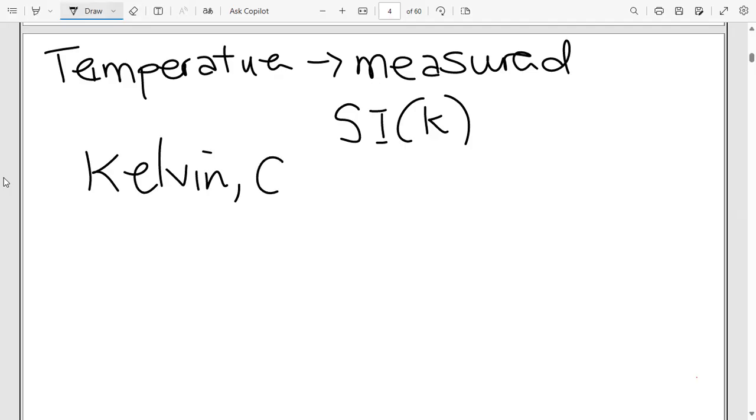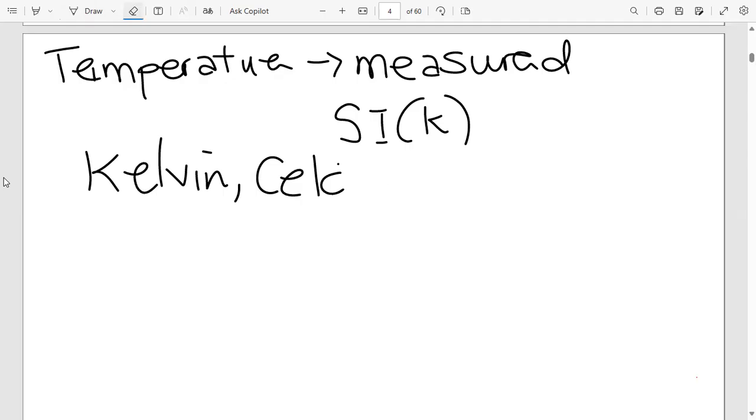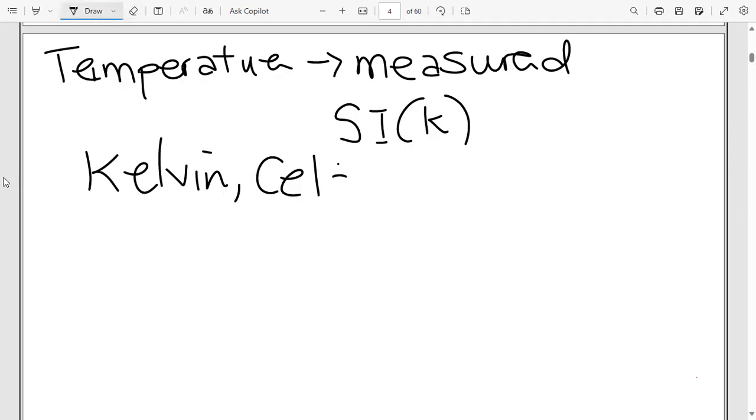There's what we call the Celsius, and there's also what we call the Fahrenheit.